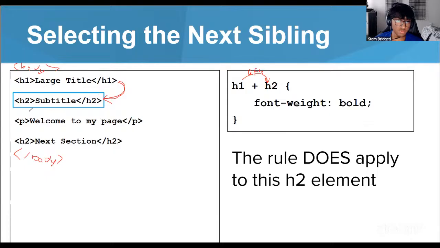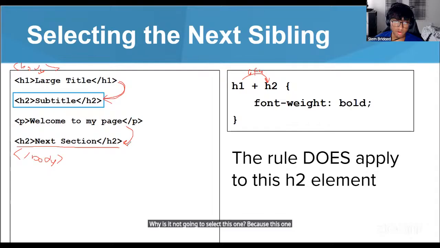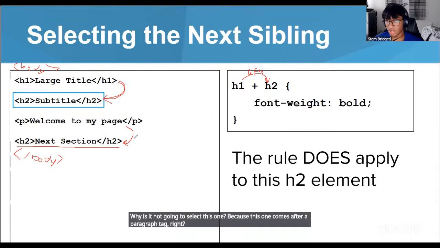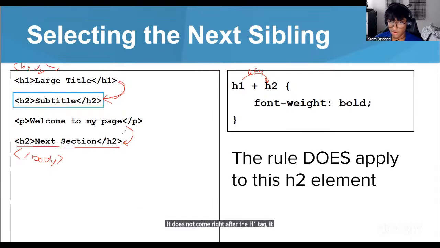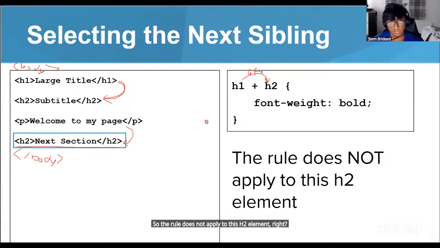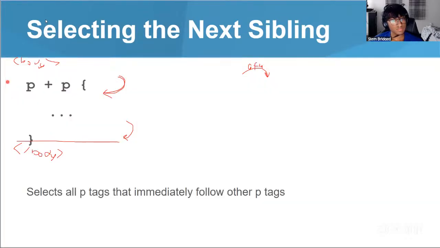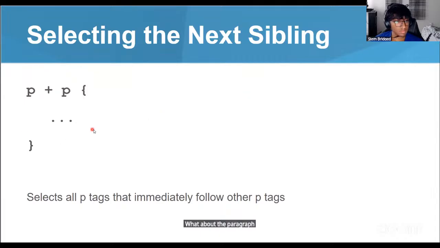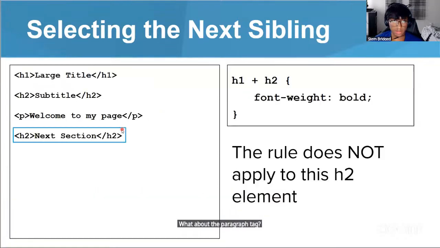So it's going to select this one, but it's not going to select this one. Why is it not going to select this one? Because this one comes after a paragraph tag, right? It does not come right after the H1 tag. It comes right after a paragraph tag, and therefore this one is not going to be selected by the plus. So the rule does not apply to this H2 element, right? What about the paragraph tag? Let me go back.